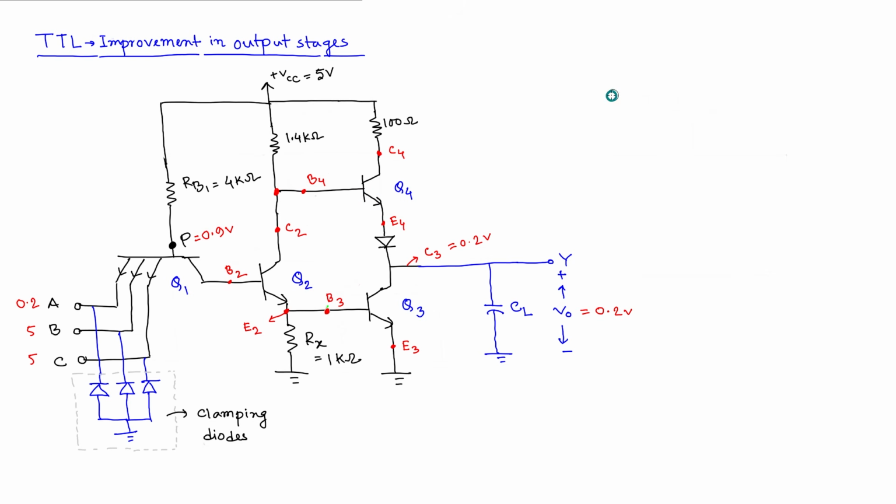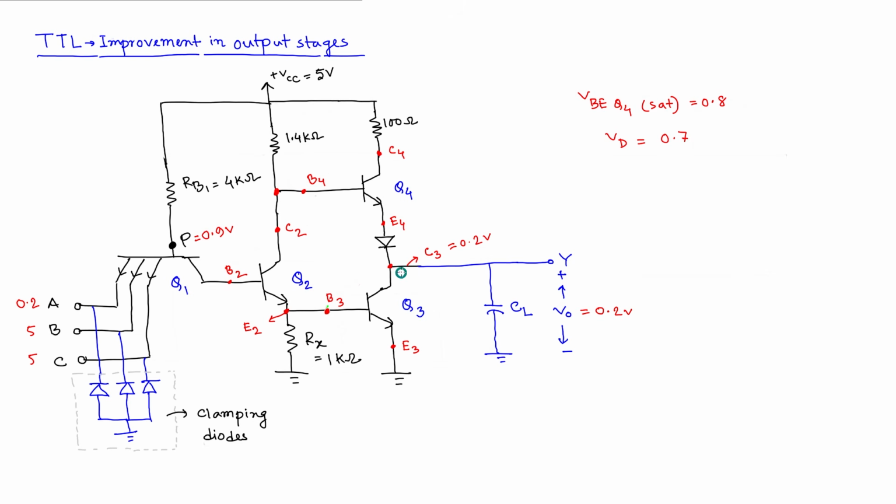So for Q4, we can say VBE(sat) is equal to 0.8. For the diode, let us call that VD, which is 0.7, we need. And we already know this node is currently at 0.2 volt because voltage cannot change abruptly.